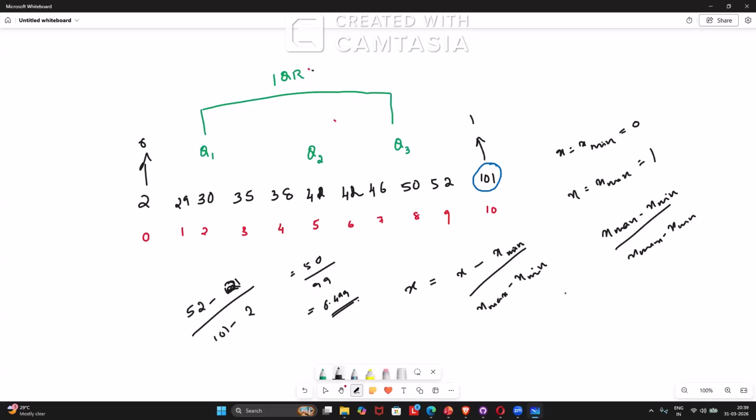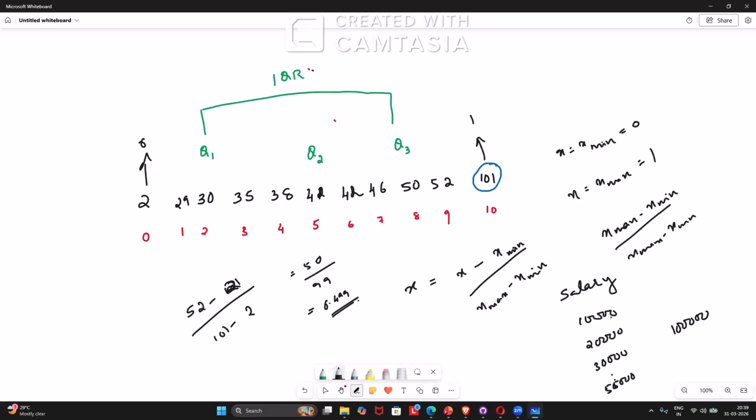if you simply consider the salary as a column, the minimum salary will be 10,000, 20,000, 30,000 and so on, and someone is having 55,000 and the maximum salary is 1 lakh.